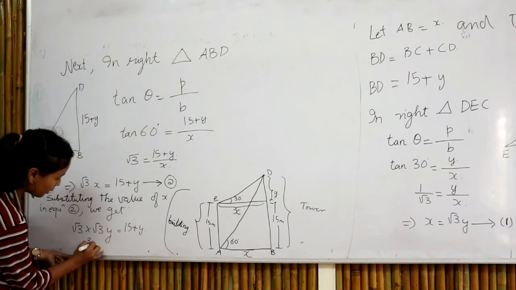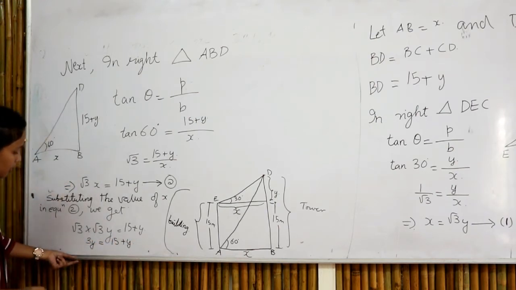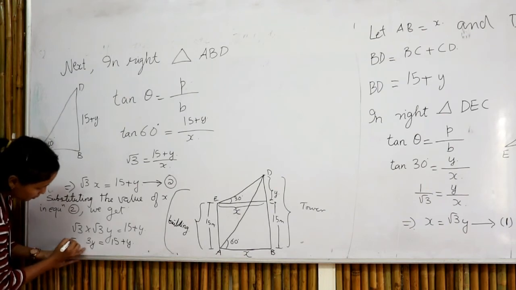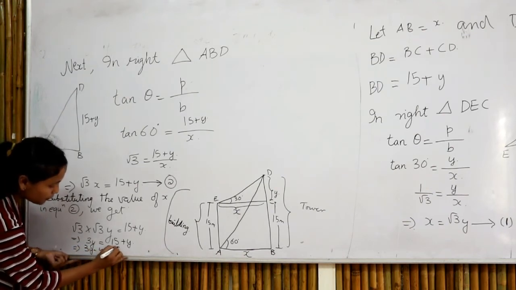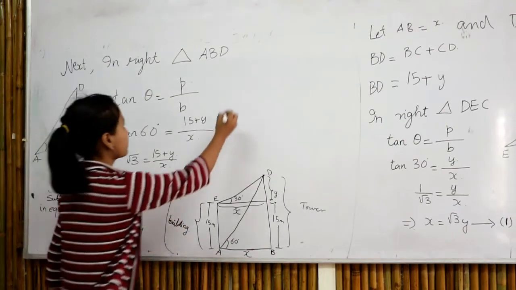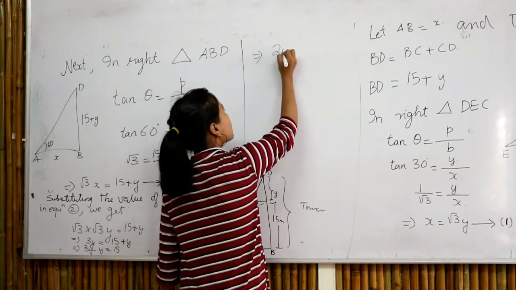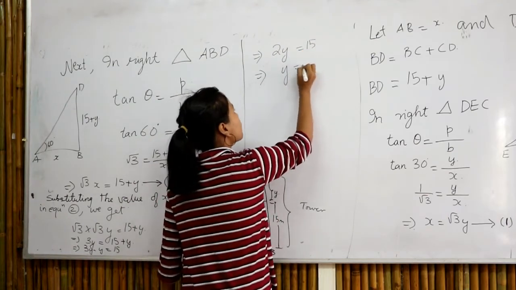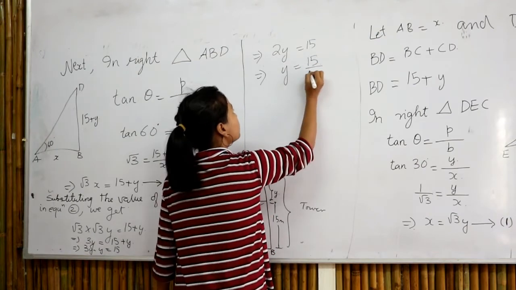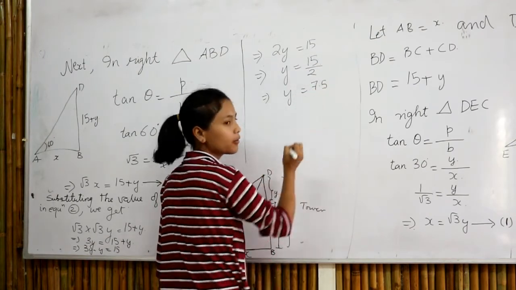So 3Y equal to 15 plus Y. Now 3Y minus Y is equal to 15. Then 2Y is equal to 15, which implies Y is equal to 15 by 2, which implies Y is equal to 7.5.